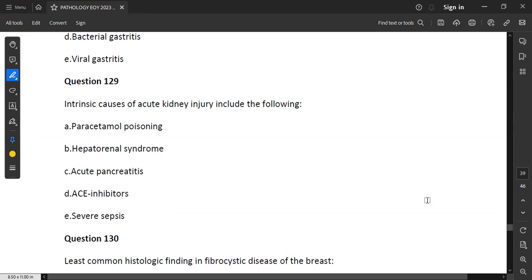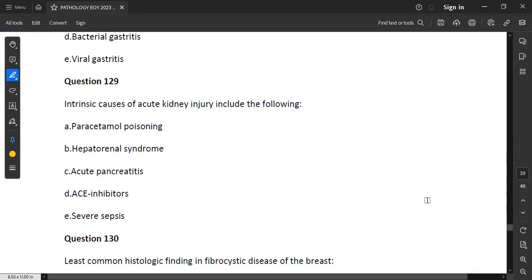And then intrinsic causes mean intrinsic inside the kidney, so they're renal. So we have acute glomerulonephritis, then we have nephrotoxicity, which paracetamol poisoning causes, and then we have tubulointerstitial nephritis.